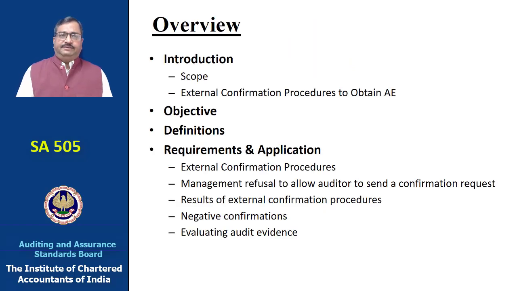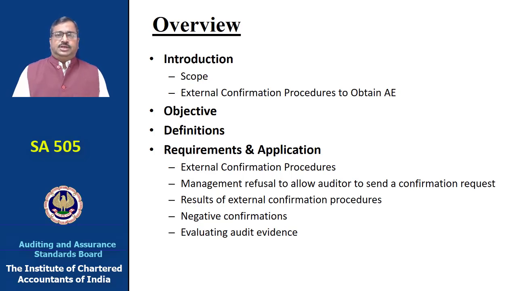In audit evidence, external confirmation plays a very important role. External confirmations are more reliable as compared to internal confirmations because, as we have seen in SA500, confirmations could be oral or written, or internal or external.